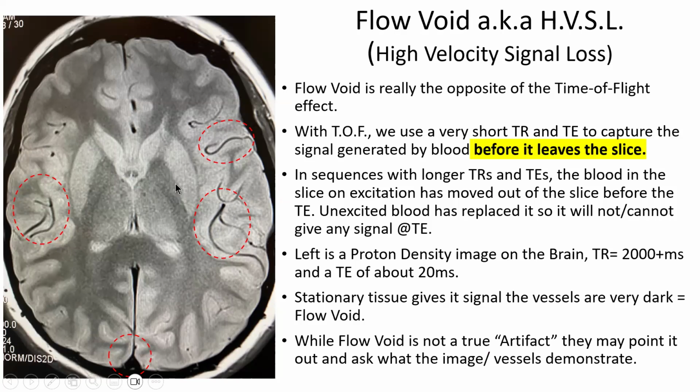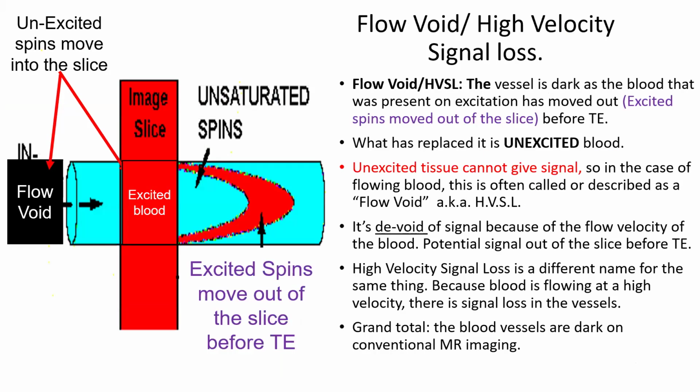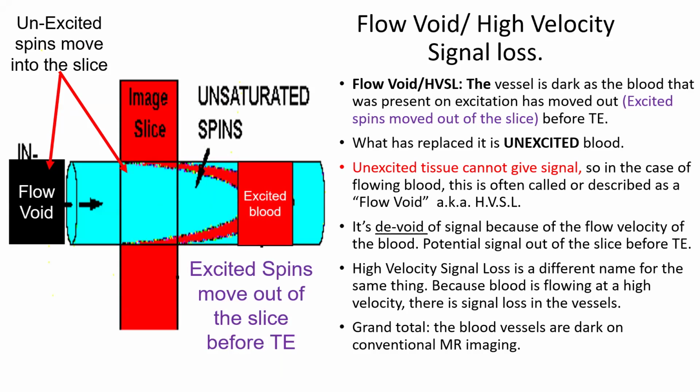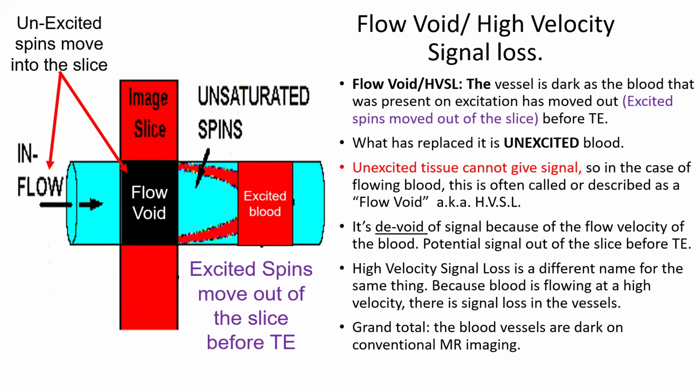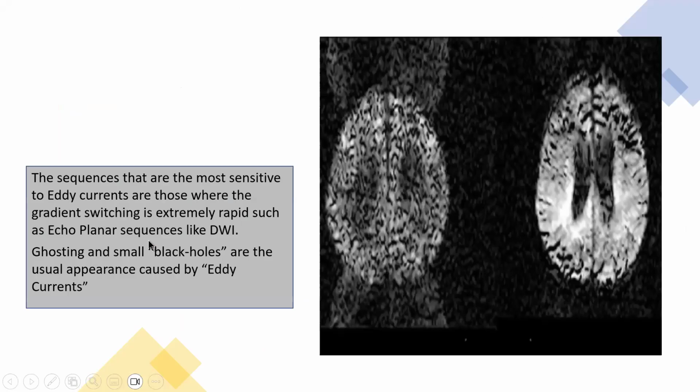It took its excitation with it, and unexcited blood has replaced it. So that's called flow void. The blood was in the slice at excitation, and then unexcited blood took its place. So you're going to have a bright image, but dark blood.